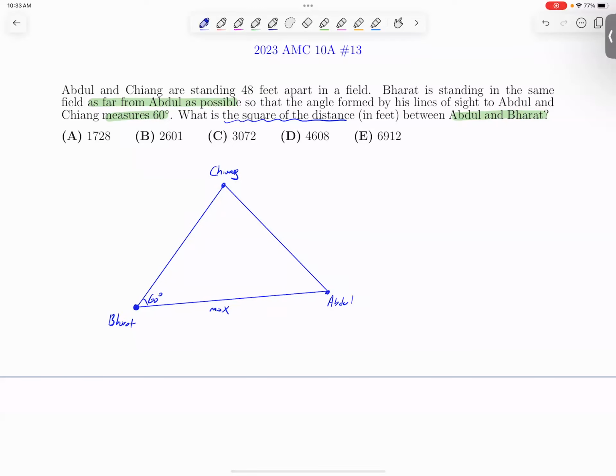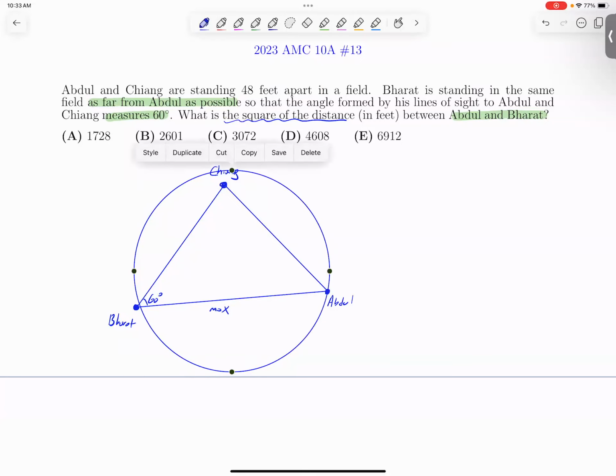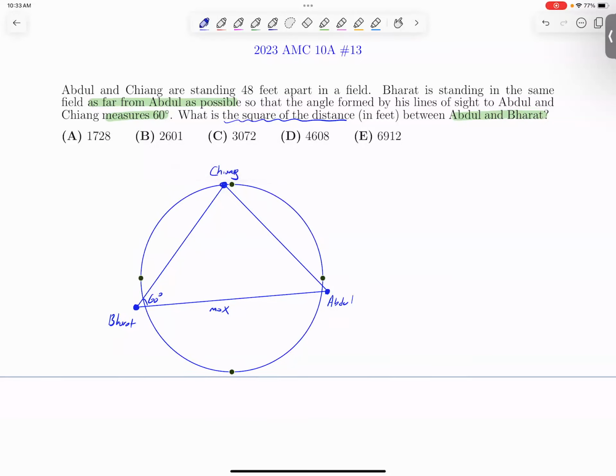If we say Bharat is at B, Abdul is at A, and Cheng is at C, there is one circle that passes through ABC. And this is the circumcircle of the triangle.